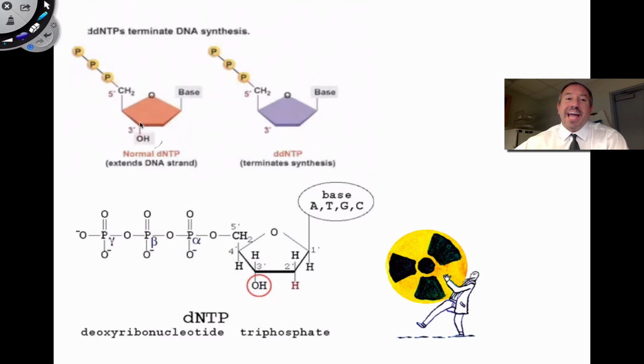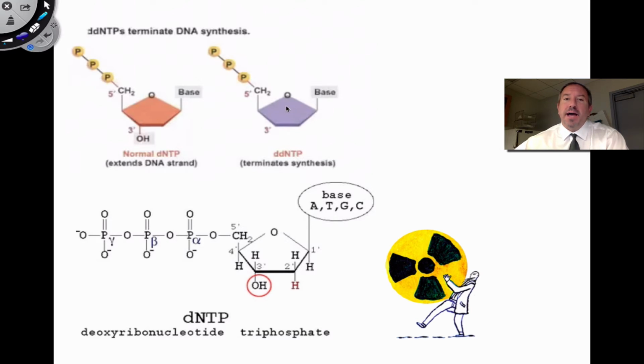The enzyme that catalyzes the elongation of DNA, in other words, the synthesis of DNA, is a very important enzyme called DNA polymerase. I hope you're familiar with that. The Sanger method is based on termination of synthesis, and how it's terminated is that you have a synthesized, abnormal nucleotide.